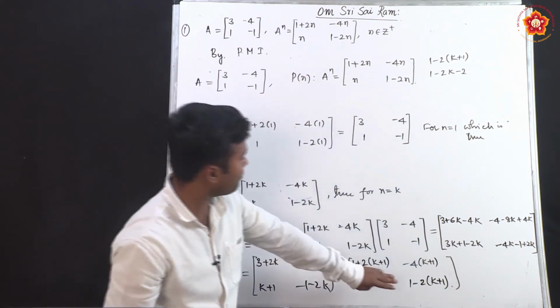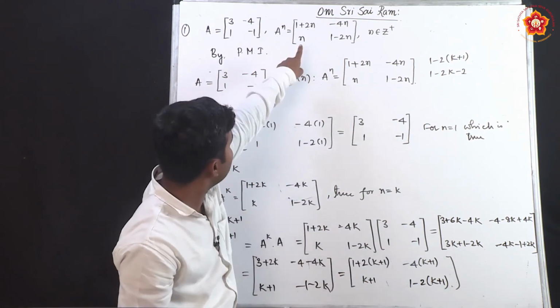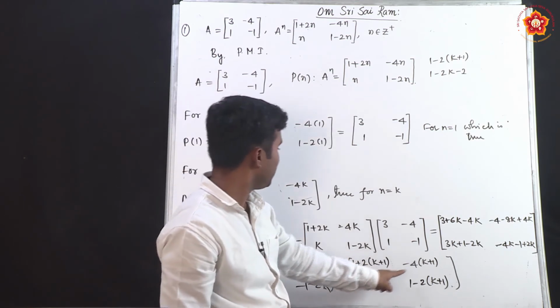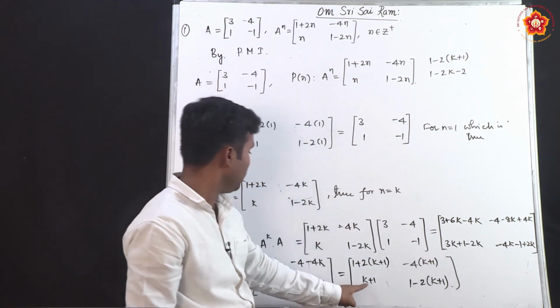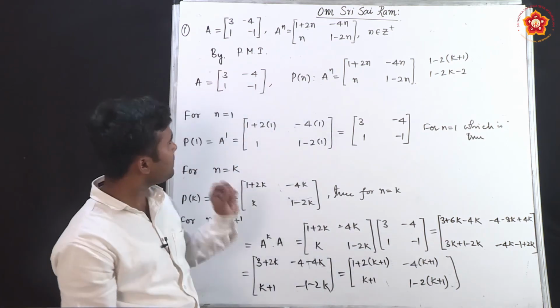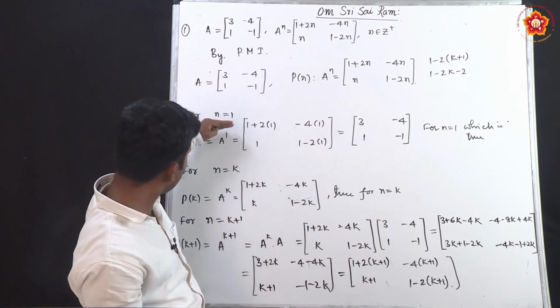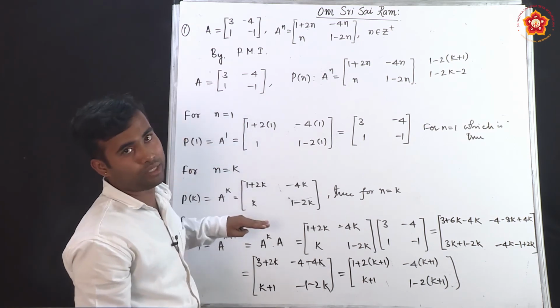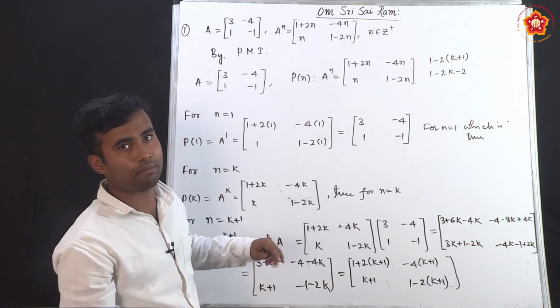Understand? See, wherever n is there, we have k plus 1. So, 1 plus 2 times k plus 1, minus 4 times k plus 1, k plus 1, and 1 minus 2 times k plus 1. This result is true for n is equal to 1, n is equal to k, as well as n is equal to k plus 1. This is how we are going to prove this one.